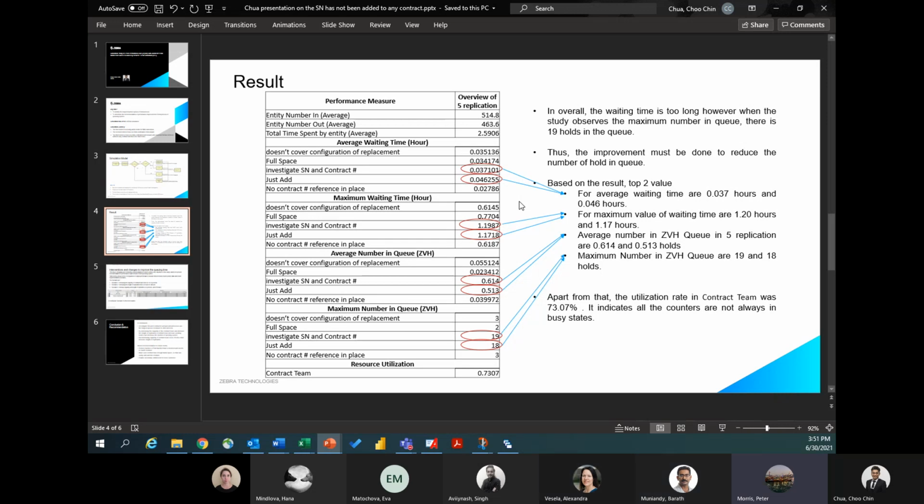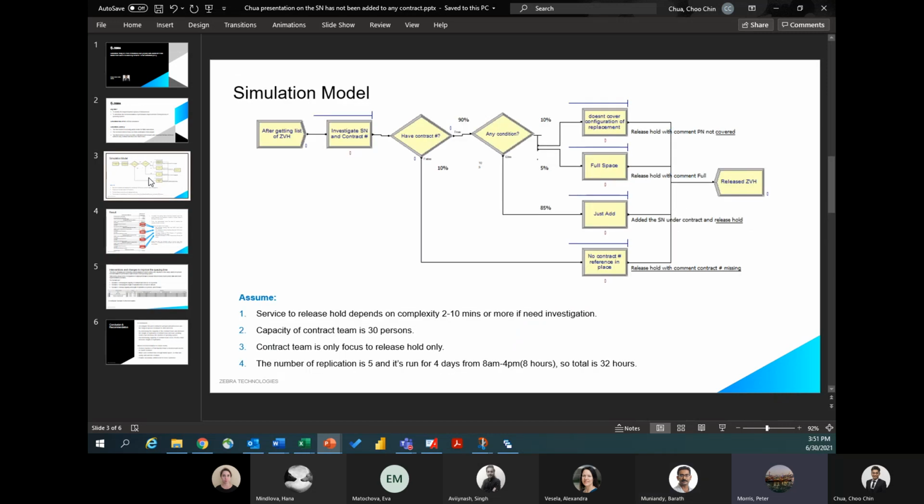So for example, where we've got investigate here, you made some assumptions or did some analysis about how long it takes us to investigate the serial number and contract number, for example. How long does this take?